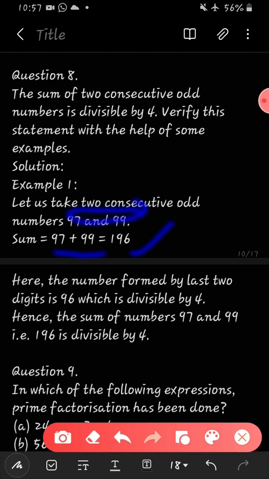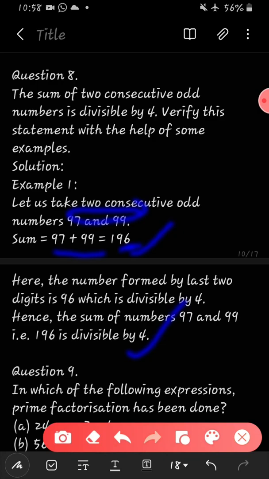Here the number formed by the last two digits, that is 96, is divisible by 4. So hence the sum of 97 and 99, which is 196, is also divisible by 4. Understood?